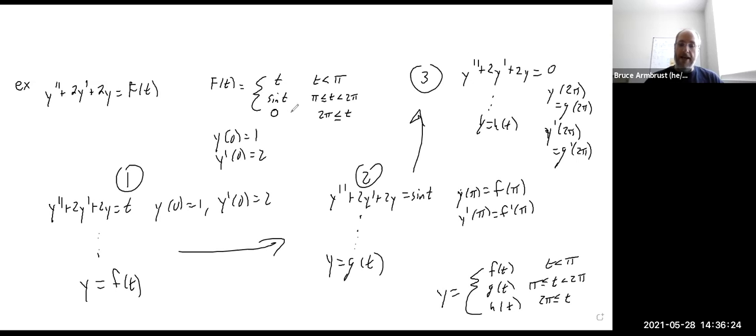Well, I'm just going to tell you right now that Laplace transforms make this kind of thing way easier. Like way, way easier. But to do that, I have to introduce you to a new function. This function is called the Heaviside function.